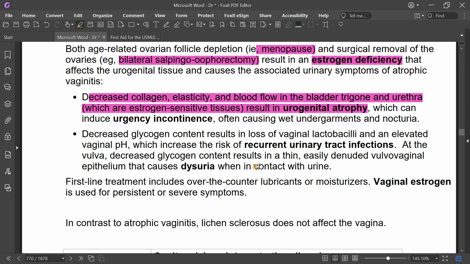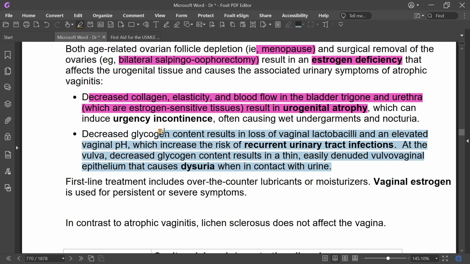At the vulva, decreased glycogen content results in thin, easily degenerated vulvovaginal epithelium and causes dysuria when in contact with the urine.